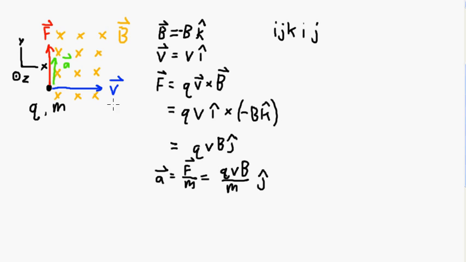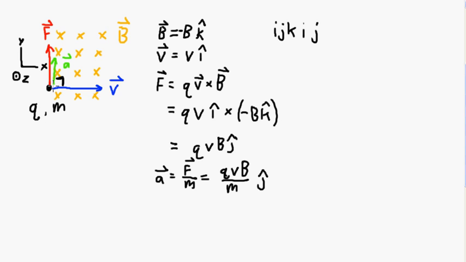So it's accelerating at right angles to its velocity. I think we can guess what kind of situation this is. This is uniform circular motion. This is what happens in uniform circular motion: you have an acceleration at right angles to your velocity.